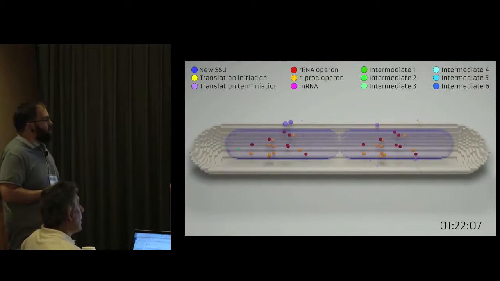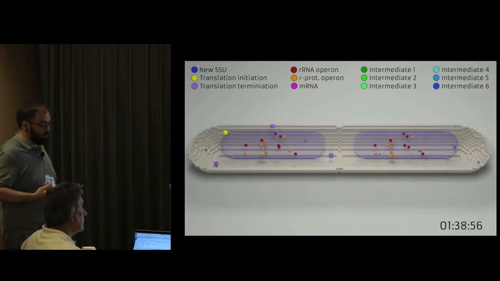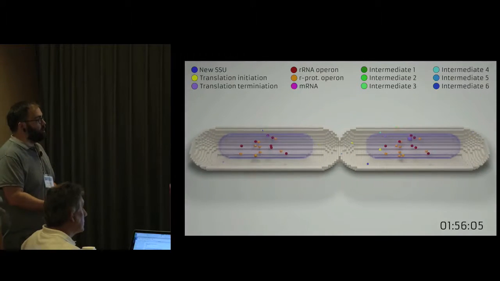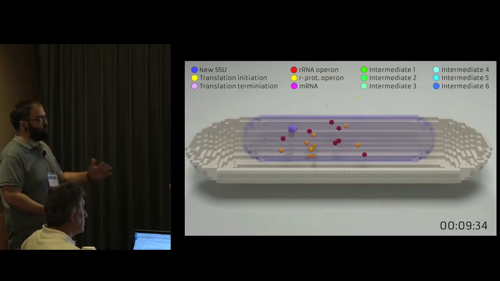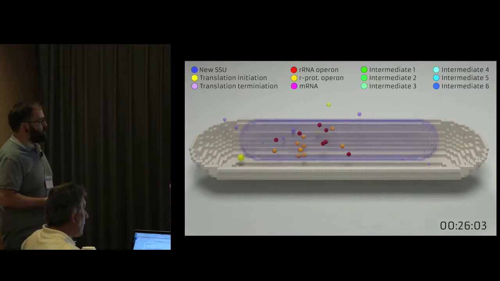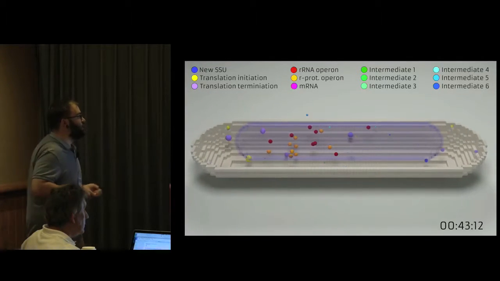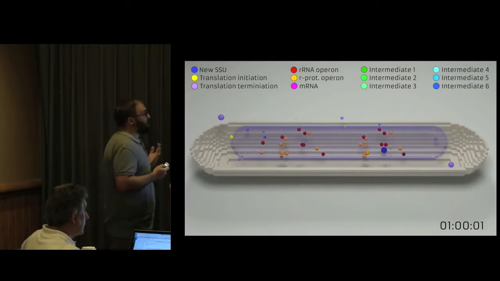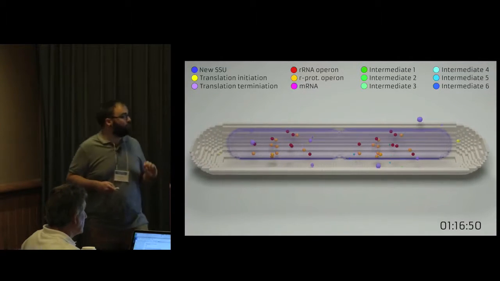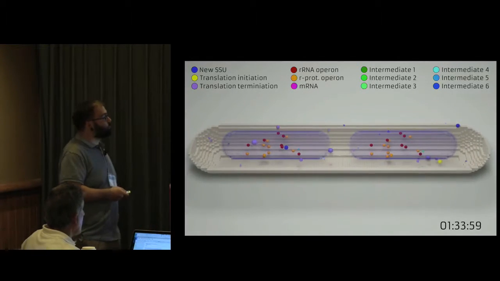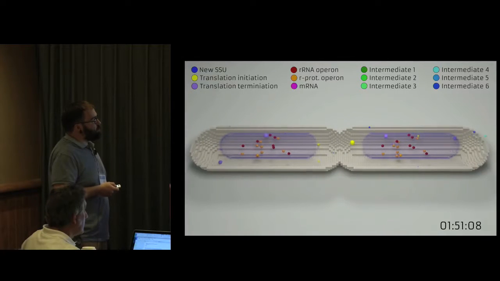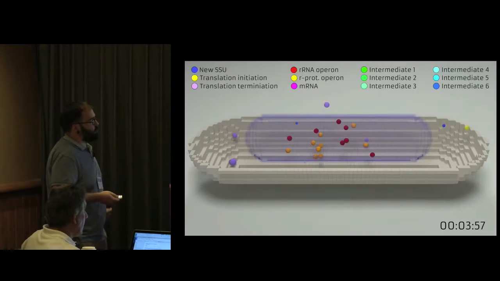Basically what's happening here is the small subunits can enter the nucleoid region, but the ribosomes tend to diffuse out and stay out. So you see translation initiation occurring only near the operon sites and outside the nucleoid region. However, the assembly tends to happen pretty much everywhere in the cell.